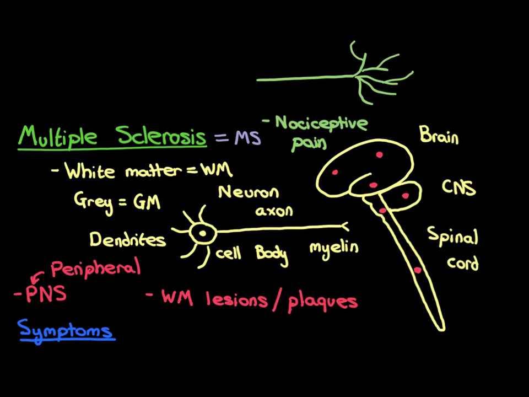So this could be in the dermal layer of your skin, for instance. And this structure is called a nociceptor because it senses noxious stimuli. A noxious stimulus is the fancy term for a painful stimulus.